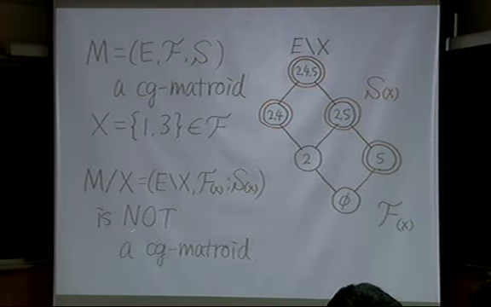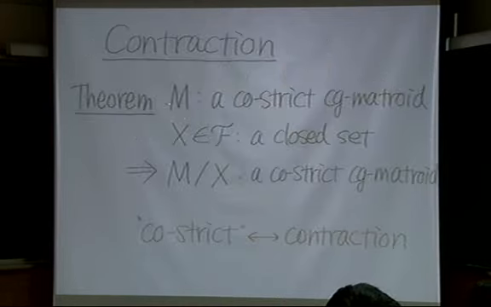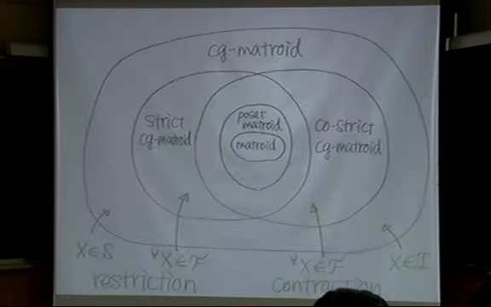So contraction is also not good for general CG matroids, but we can show the following. If the CG matroid is a co-strict CG matroid, and X is any closed set, then the contraction is always a co-strict CG matroid. So co-strictness is very closely related to contraction.